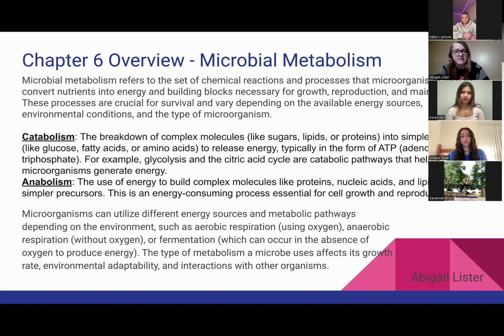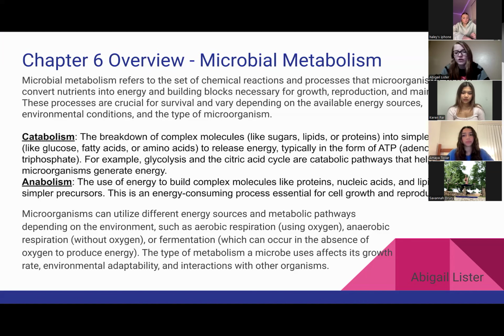For example, glycolysis and the citric acid cycle are catabolic pathways that help microorganisms generate energy. Anabolism is the use of energy to build complex molecules like proteins, nucleic acids, and lipids from simpler precursors. This is an energy-consuming process that's essential for cell growth and reproduction.